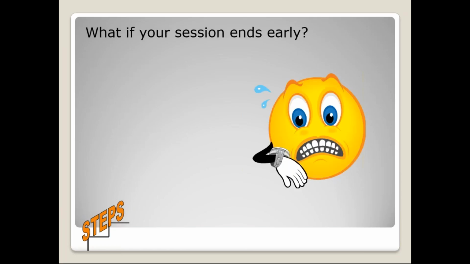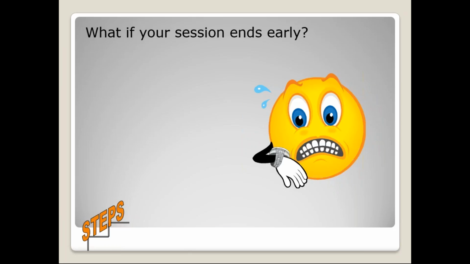All right, so last little bit of information. This is the biggest issue that Jerry and I have on the day of the session. That's what if your session ends early? Because you might be thinking, oh, no big deal, it just ends early. But when you're in an open room classroom, it's kind of like when you're teaching and somebody lets their kids out of class a few minutes early. Your classroom falls apart, right? Because kids are like, wait, where are they going? What are they doing?